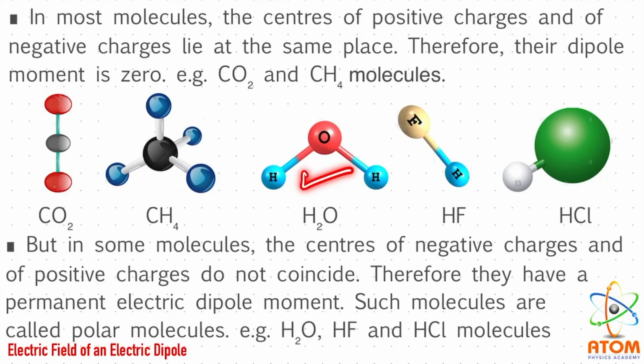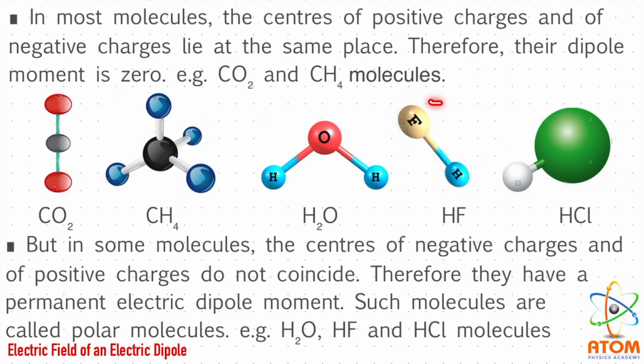Here is H2O. We know that the electronegativity of oxygen is more than that of hydrogen. That's why oxygen becomes negatively charged and hydrogen becomes positively charged, which creates a dipole moment. The same happens in the case of HF. Here, the electronegativity of fluorine is more than hydrogen.